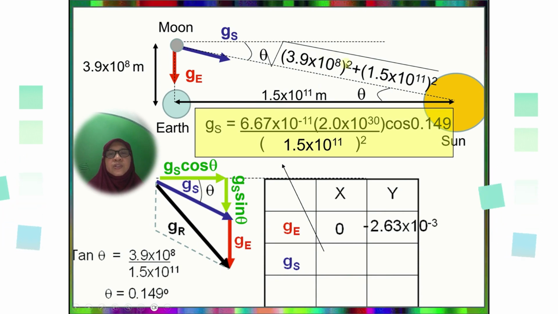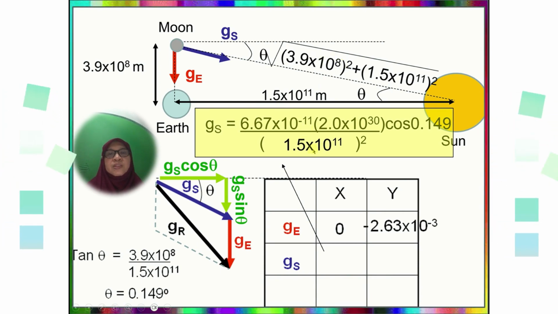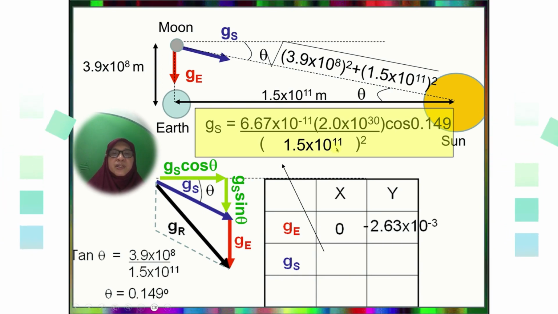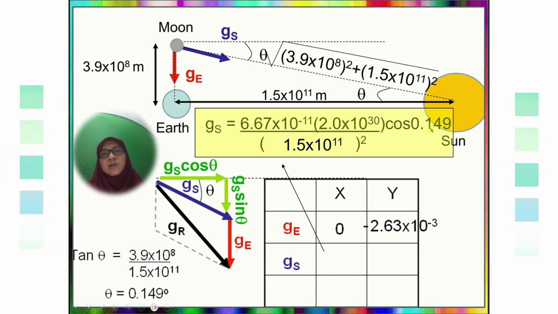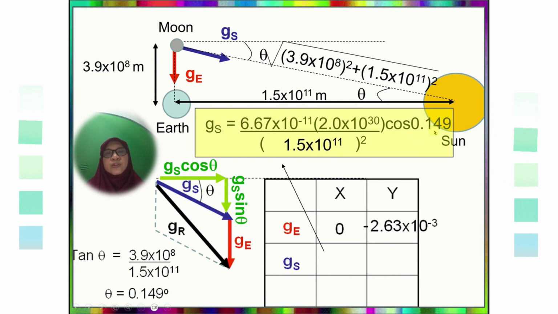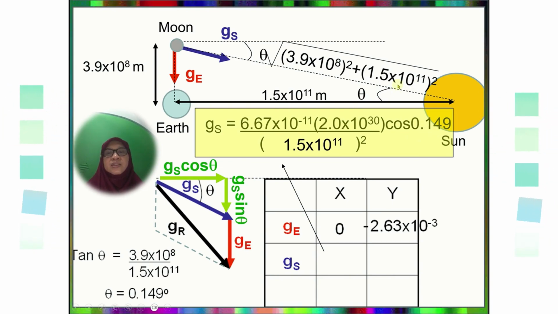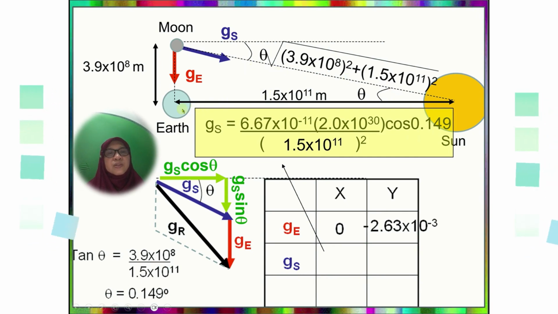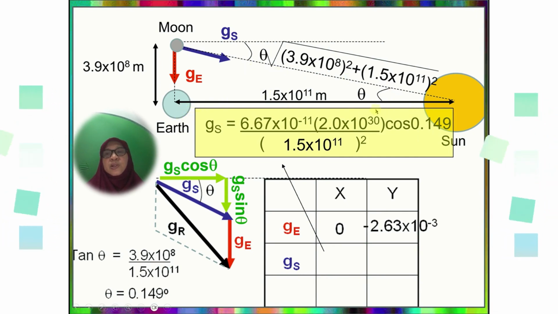I repeat, the answer is the same because the angle is very small, so we can assume that this is parallel to the distance between the earth and the sun.